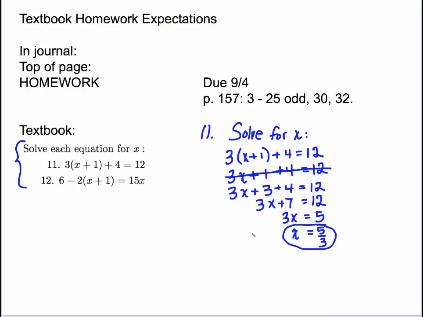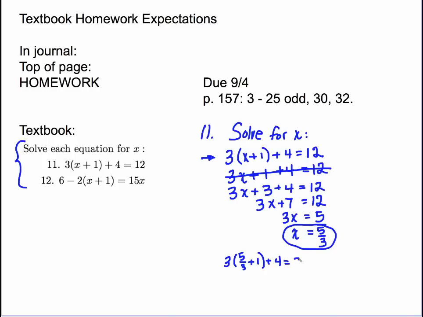Now the next step is to check your answer. In this case, the way to check your answer is to substitute 5/3 for x. So we'll go back up to the original equation, which is here, and substitute. So this is going to be 3 times (5/3 + 1) + 4.